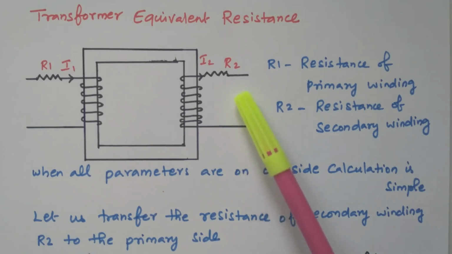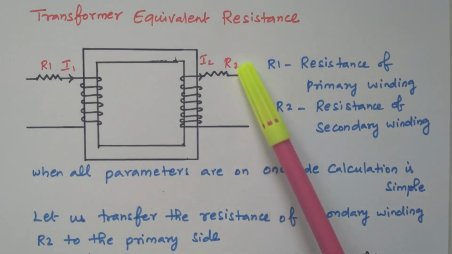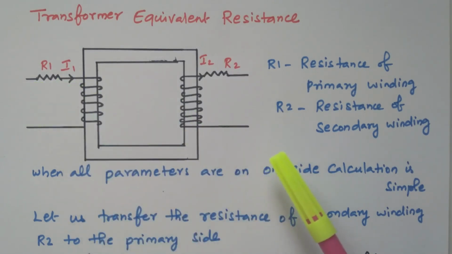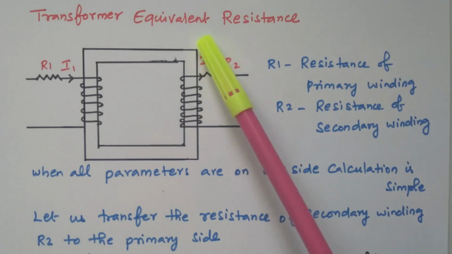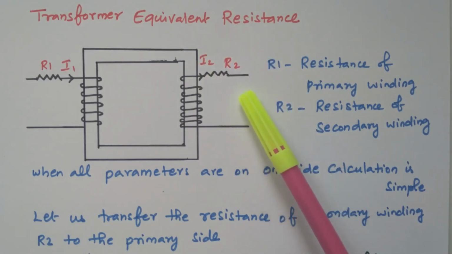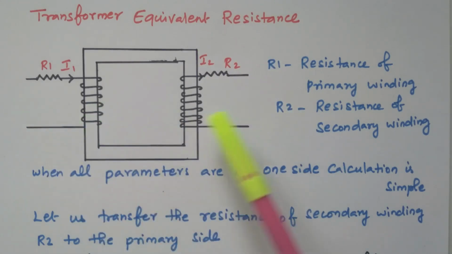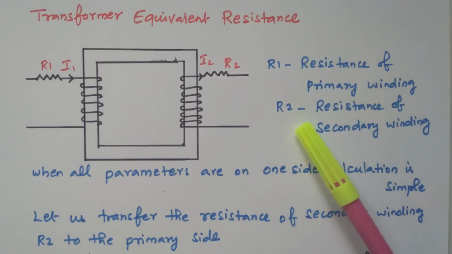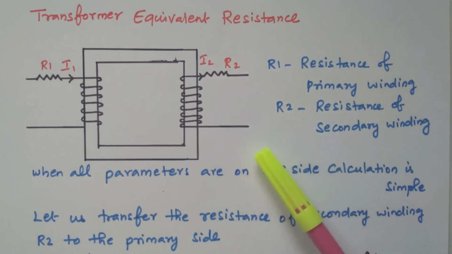Suppose we transfer this secondary resistance R2 into primary, similarly primary resistance into secondary. At that time we need to find the equivalent resistance. When the resistances are transferred from secondary to primary or primary to secondary, there is an equivalent resistance equation available. That equation we will see in this topic.